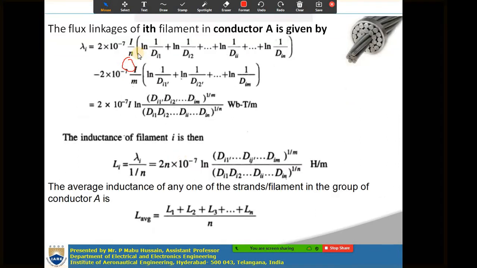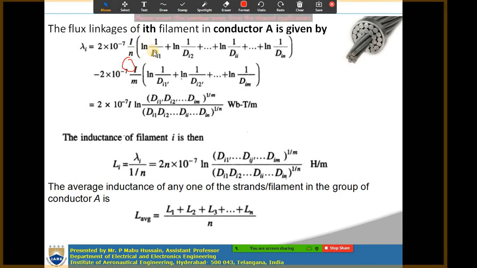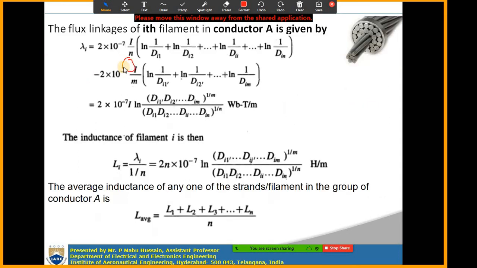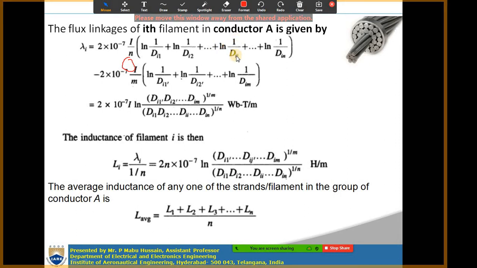So in this expression you have to write capital I by n, then ln of 1 by the distance of the first conductor to the ith conductor, plus ln of 1 by the distance of the second conductor to the ith conductor, which is di2, like that. So for conductor A, all strands you have to write, right? For the ith filament or ith strand, it will be ln 1 by dii.